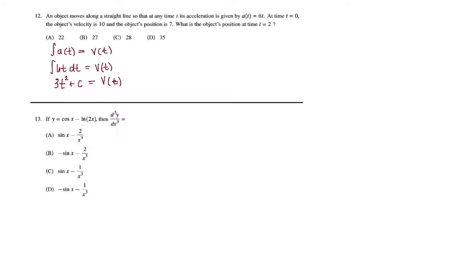And then we were told some initial values. We were told that when time is 0, the object's velocity is going to be 10. So it looks like c is 10. So now we have our velocity function. So velocity, that's going to give us 3t squared plus 10.